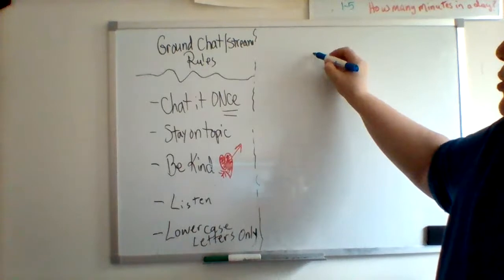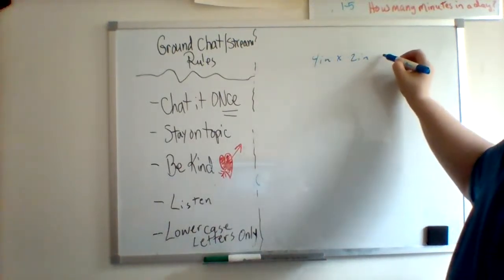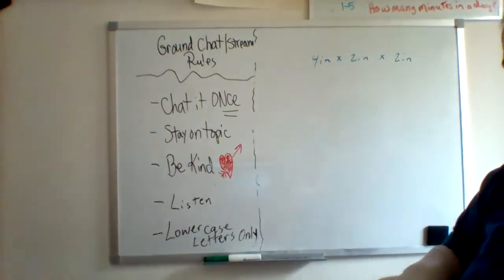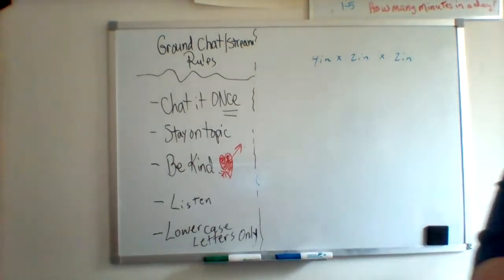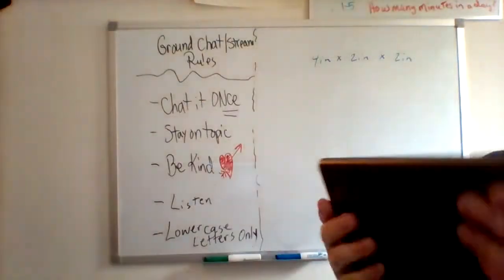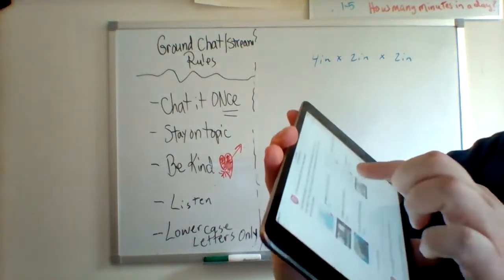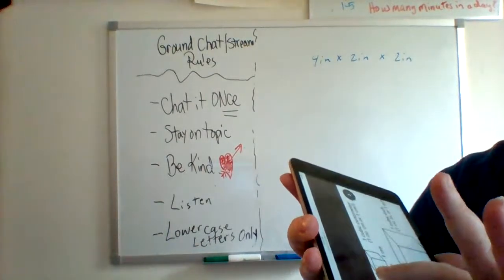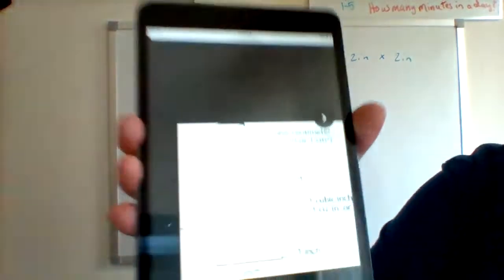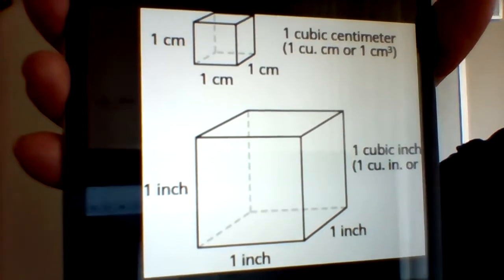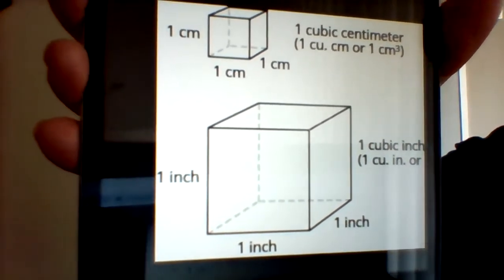So the box that I just showed you is 4 inches by 2 inches by 2 inches. So you got to be careful when you're filling in the table. I have this picture also, to show you the difference between a 1 centimeter cube and a 1-inch cube.